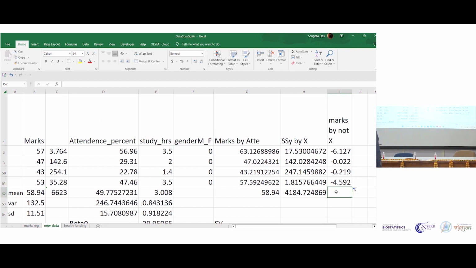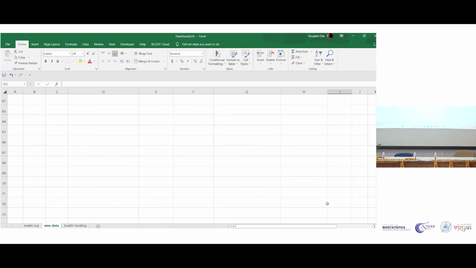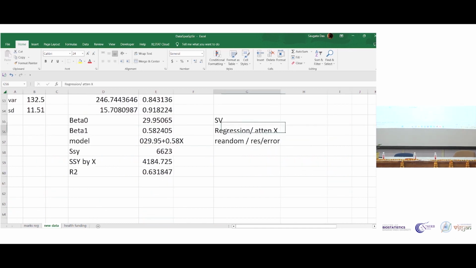Now, the sum of square. So, the first is regression source and second is random source. And then total. Then we write degree of freedom. How it is defined? Sum of square. Value of SS.